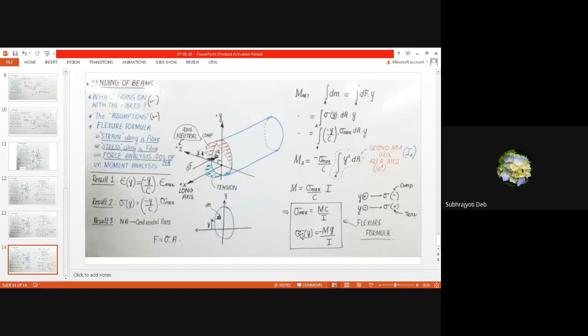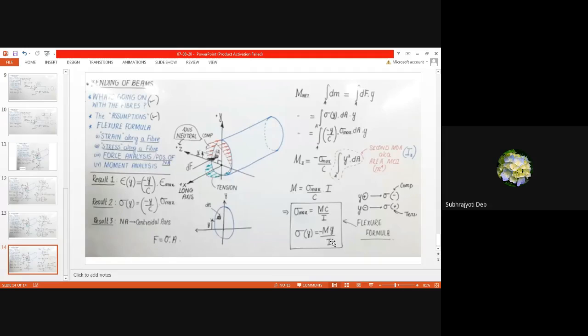And if you write it as sigma y for any depth, just replace it. Then this is minus M into, in place of c, y. C means what? The depth, the distance from the neutral axis to the top fiber. If you consider any other section where your distance is y, then sigma y is equal to minus My by I from this equation.